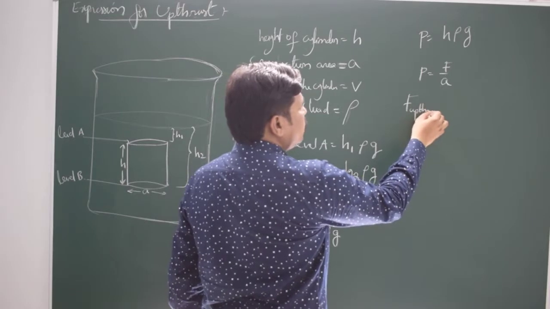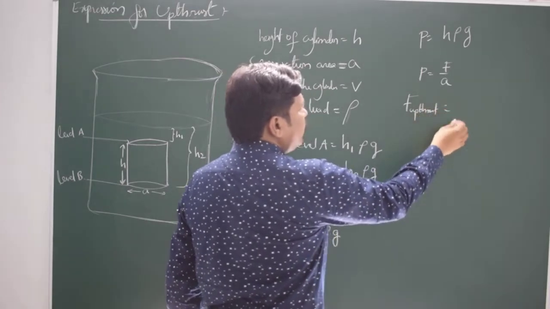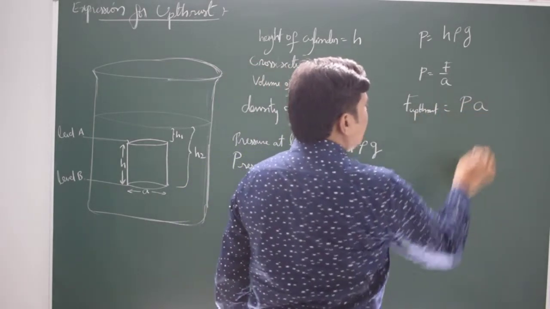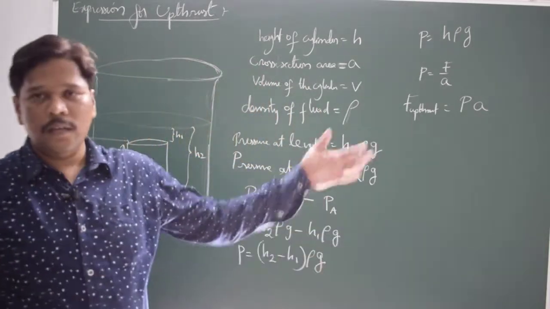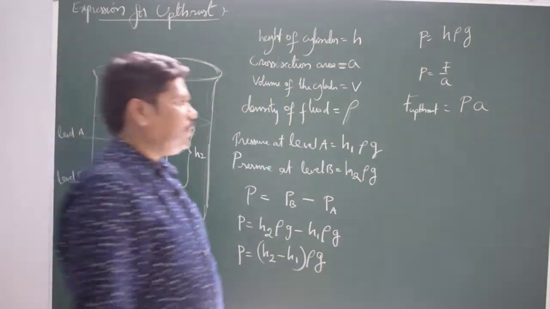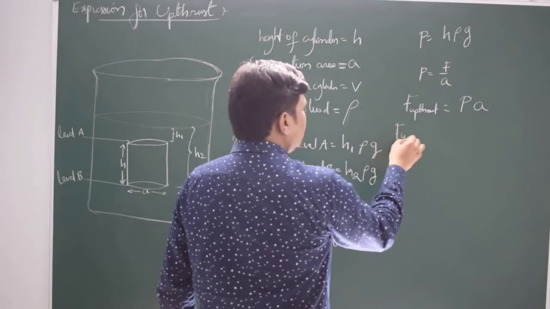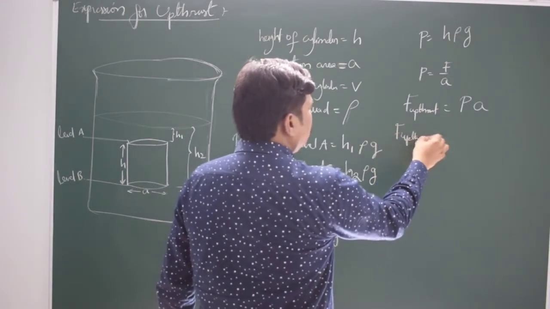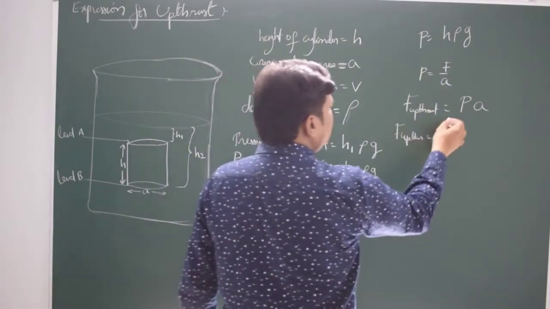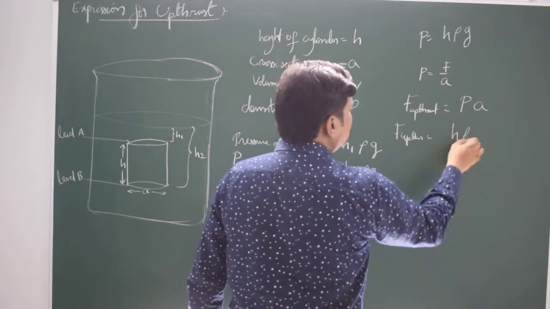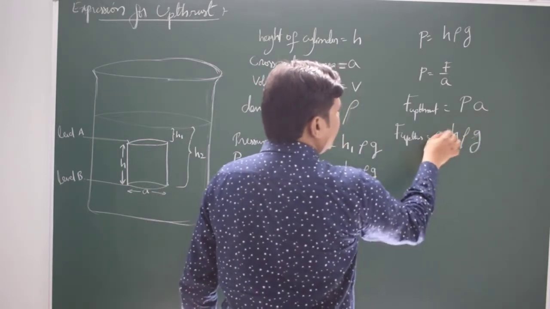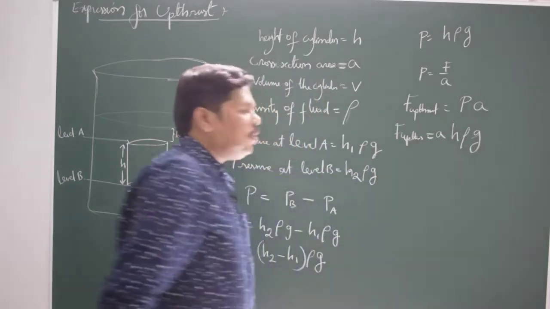The upward force which we are going to calculate is equal to the resultant pressure times the cross sectional area. So F upthrust is equal to P, which is h rho g, and I am going to take the A in front: A h rho g.